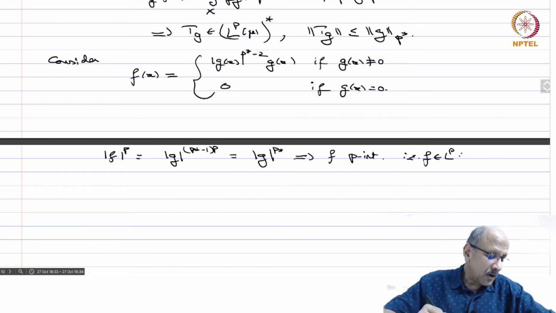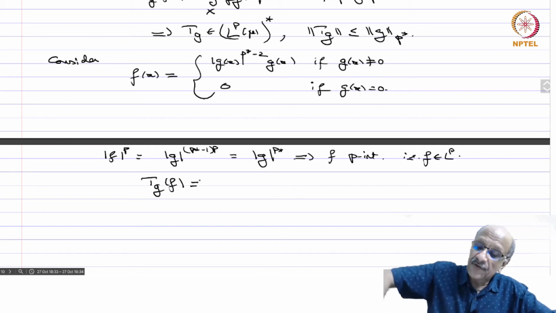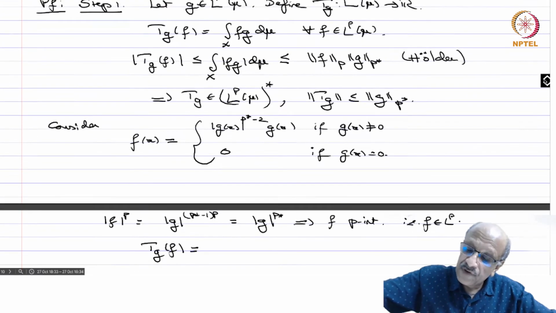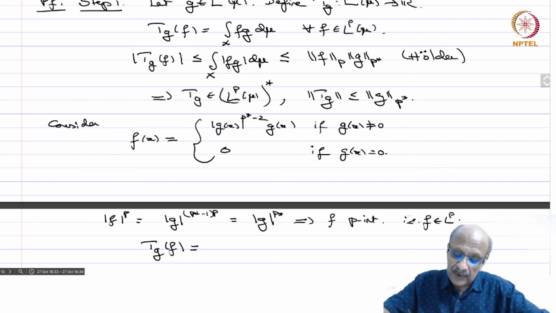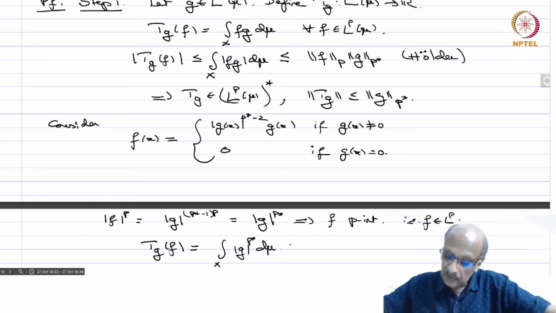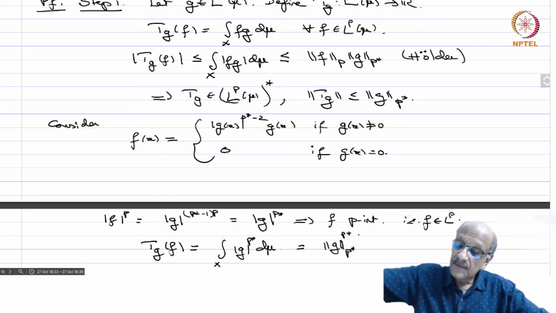And what is Tg of f? So I can apply Tg to this. Tg of f is the integral of fg d mu. So you multiply f by g, and you get the integral over x of |g| to the p star d mu.